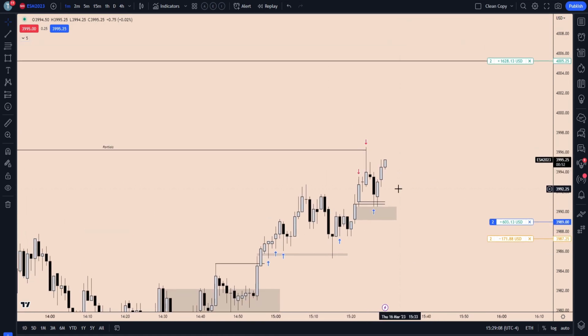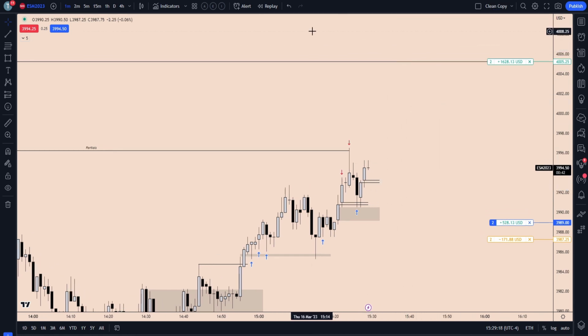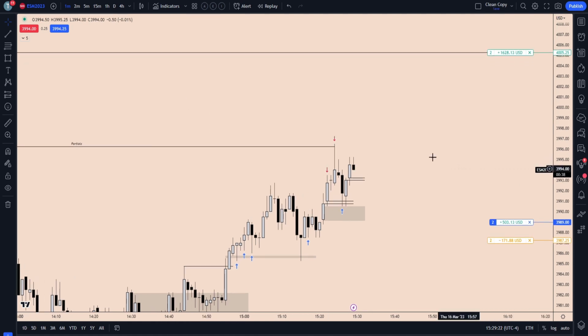As you can see here, price is creating another volume imbalance. So now I'm monitoring this one, seeing if we trade back into it, this price respects it and continues to send us higher. The volume imbalance is also in line with the OB.